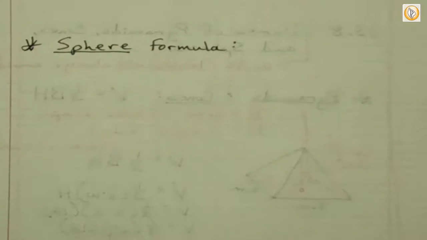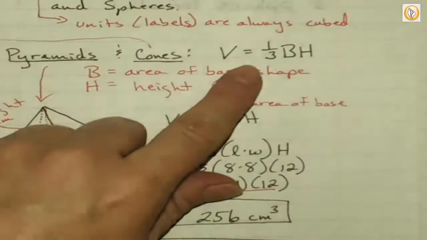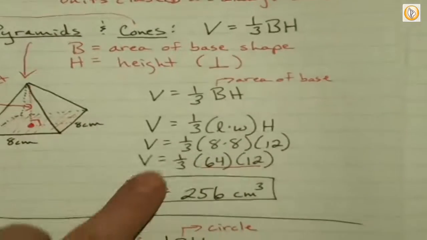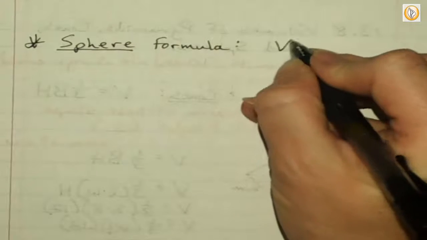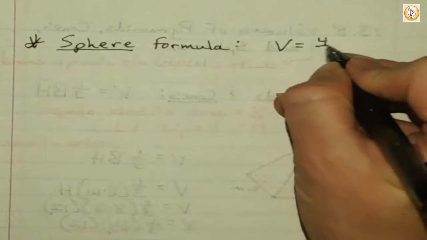Okay, so if you look at volume, we're dealing with 1/3, right? At the beginning. So if you did surface area and volume in one, it would be 4 times 1/3 sort of thing. Now that I've thoroughly confused you, here is your formula.